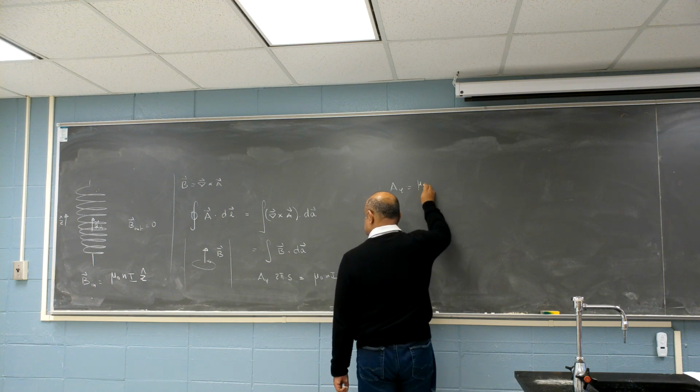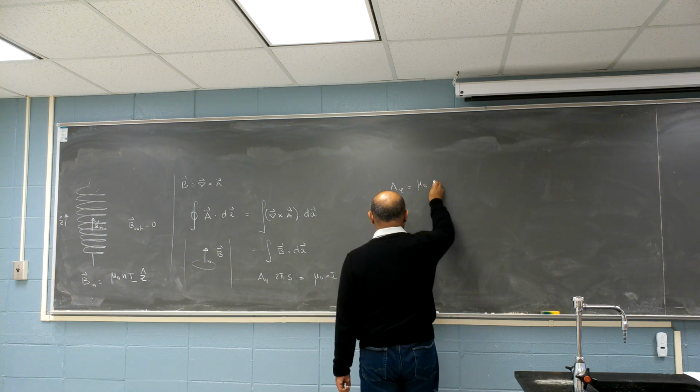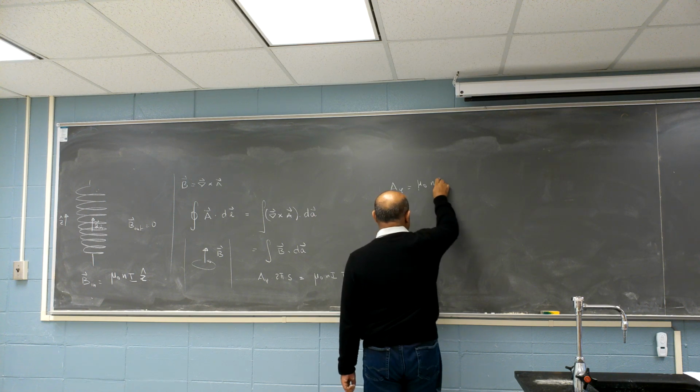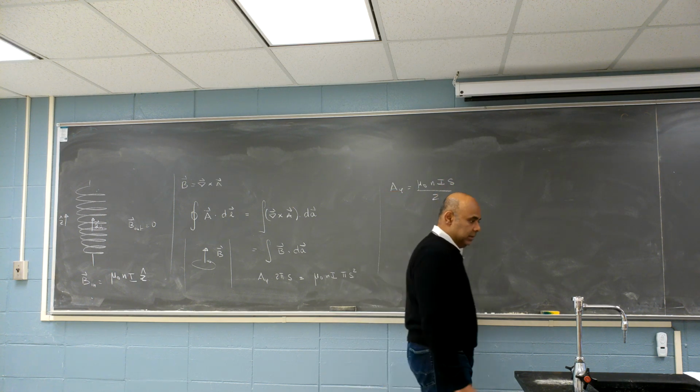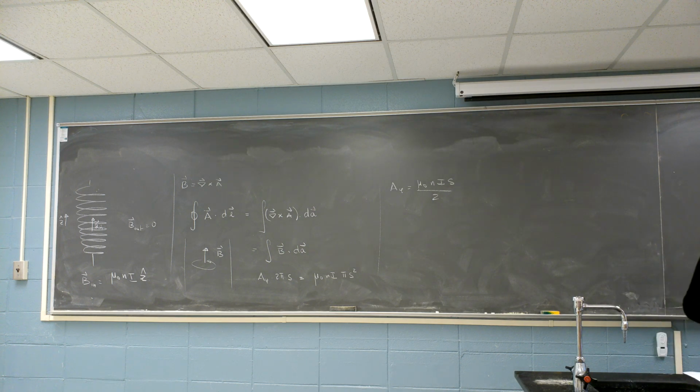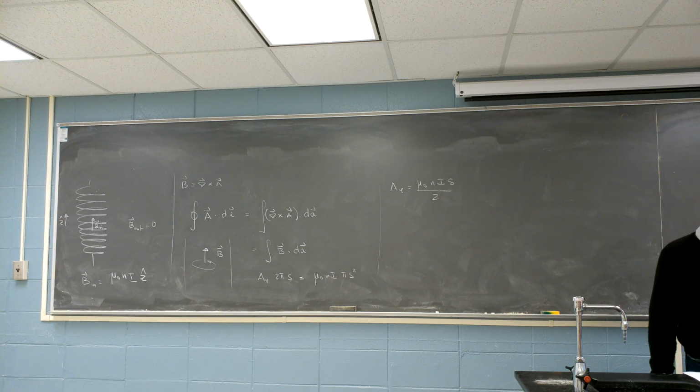Mu 0, pi cancels, n I s over 2. I don't recall this expression, so let me check. Yep, it is correct.